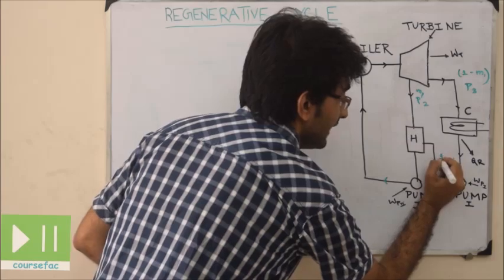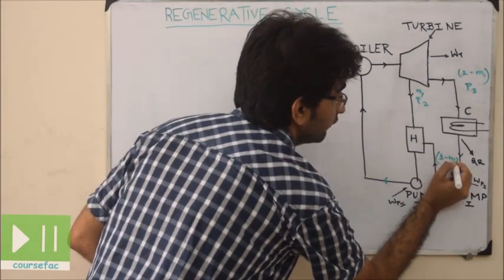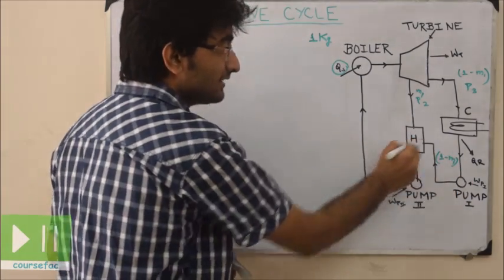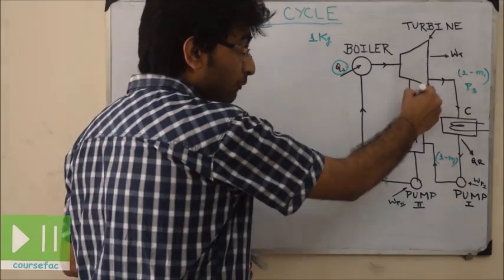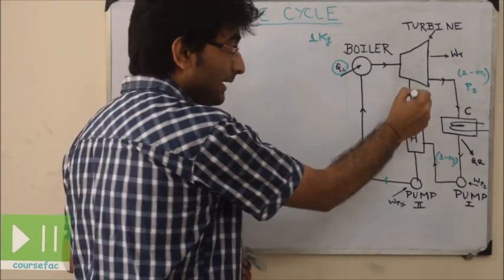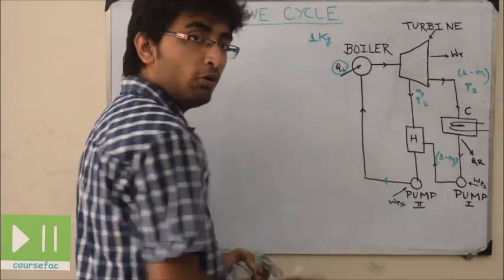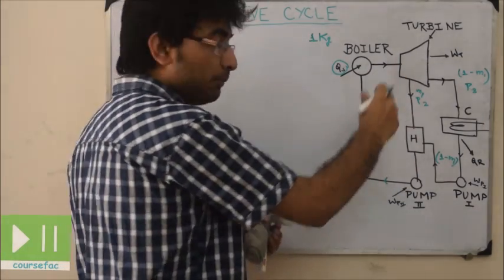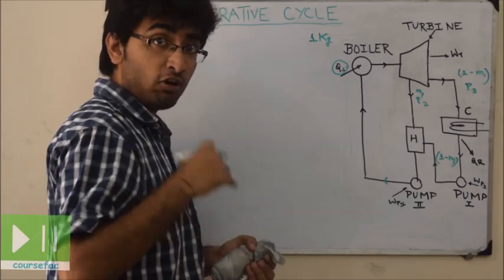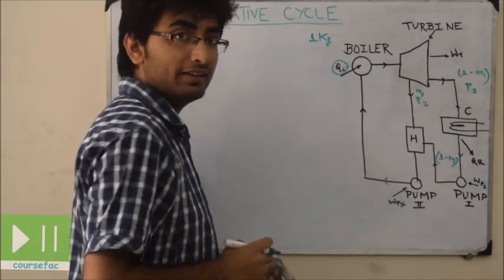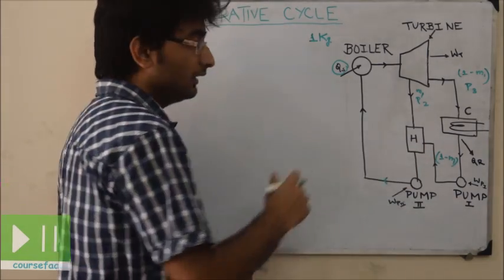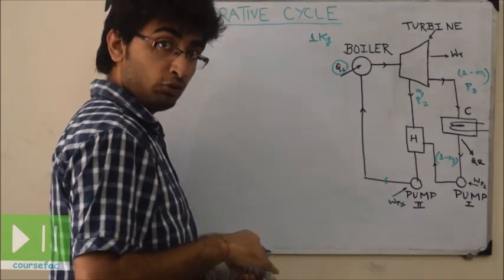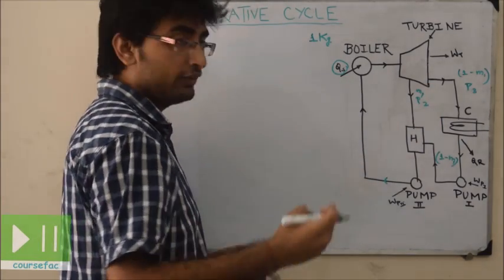The 1 minus M1 amount of water that is coming to the heat exchanger, and the M1 amount of steam, this M1 amount of steam and 1 minus M1 amount of water are fed to the heat exchanger. Now, the M1 amount of steam will give off its heat to the liquid, that is the feed water. The steam will get converted into water after giving its heat to the feed water.